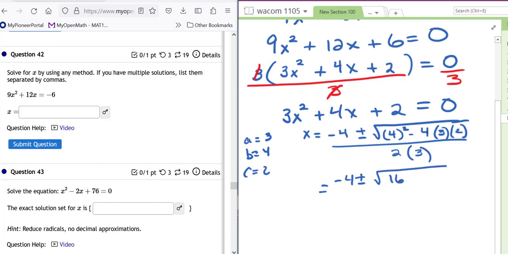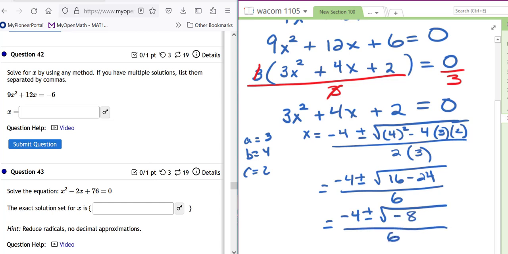And this is minus 4 times 3 is 12 times 2 is 24. Over 2 times 3 is 6. All right, and this is giving us, we'll work this radical out. So we have negative 4 plus or minus, and this gives us a negative 8. This radical is going to clean up.